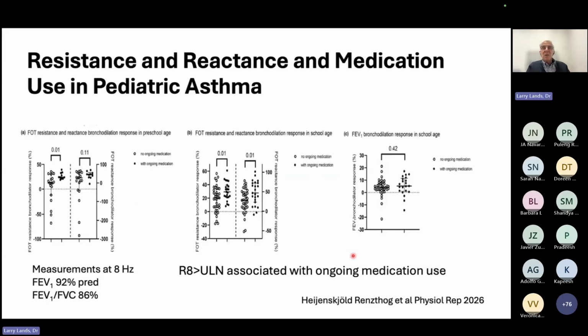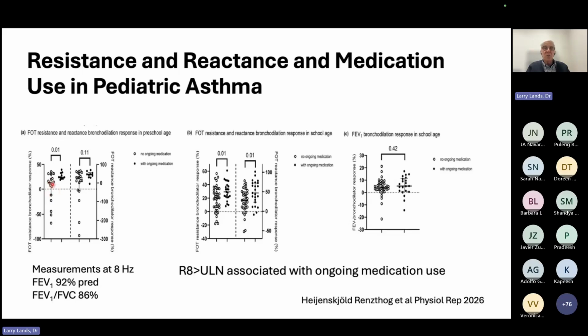It actually was indicative as well of asthma control or use of medications in pediatric asthma. Here, the resistance bronchodilator response was quite different.